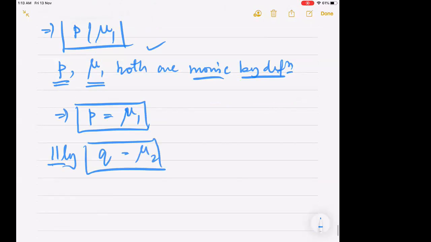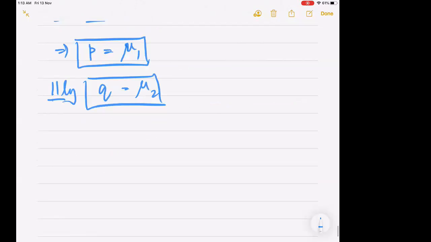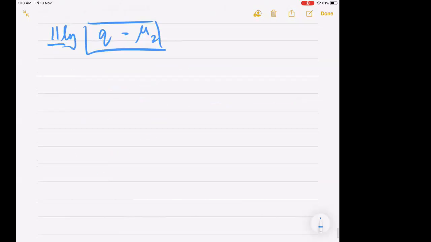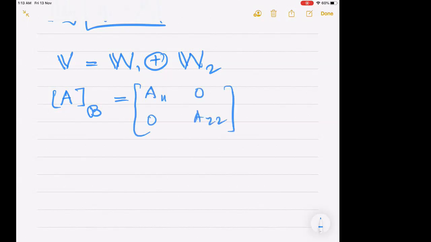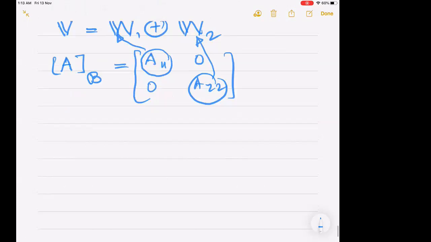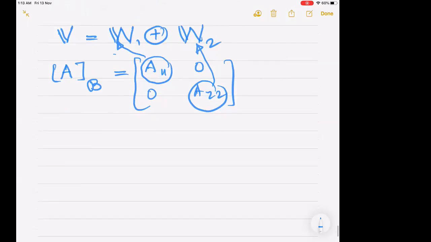So what have we got out of this? It means that not only is V decomposed into a direct sum decomposition of W1 and W2, A's representation in this basis is such that this is A11 restricted to W1, this is A22 restricted to W2, and its minimal polynomial is PA.